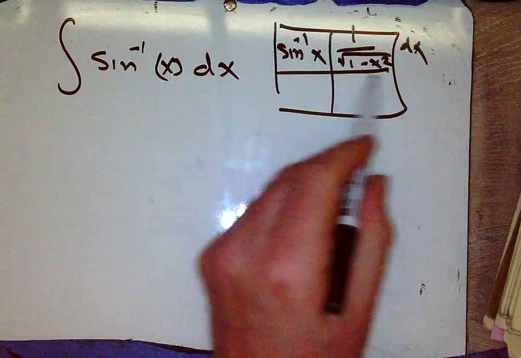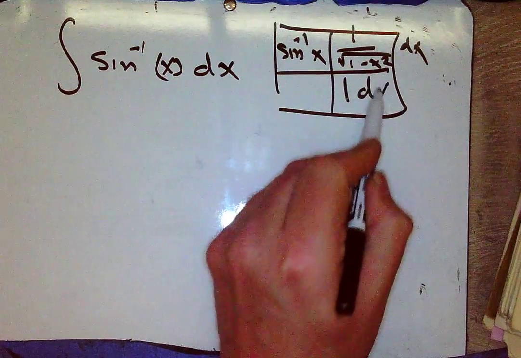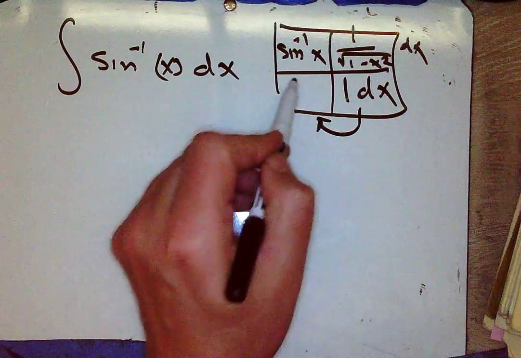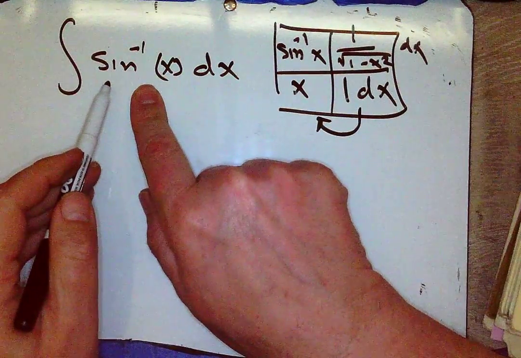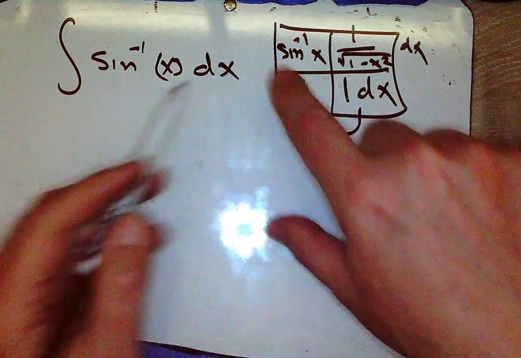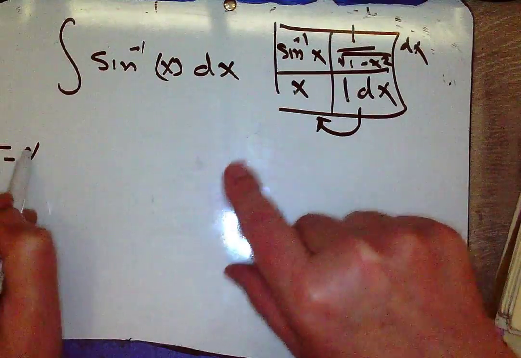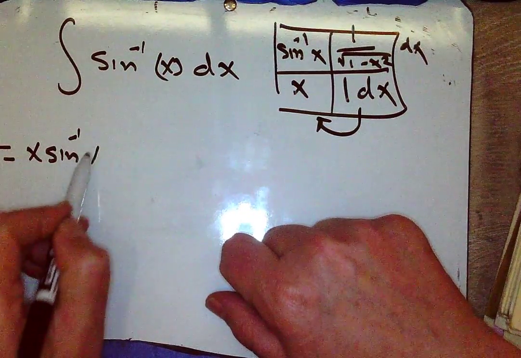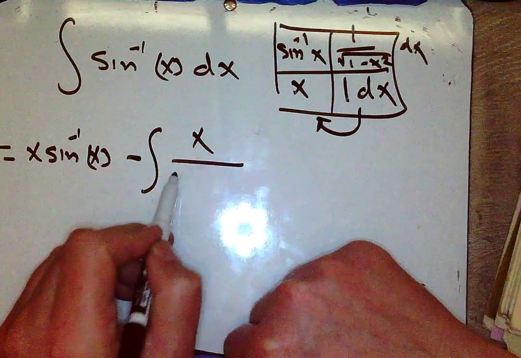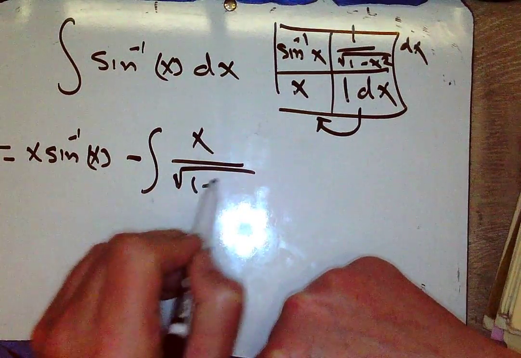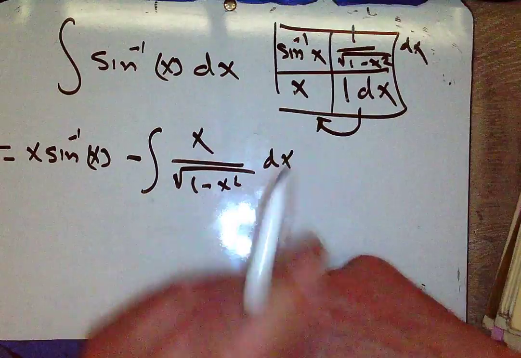And so what's left for here? Only 1 dx. So this thing that I really didn't know how to integrate, by parts I can turn that into x sine inverse x minus the integral of x over square root of 1 minus x squared dx.